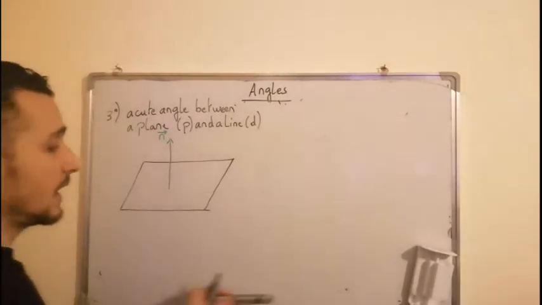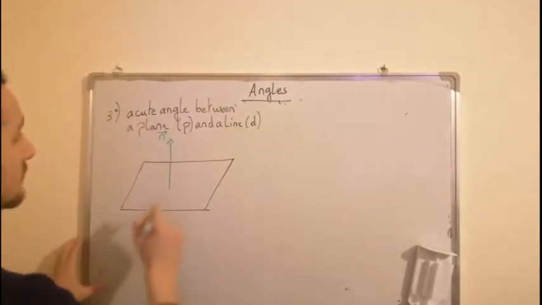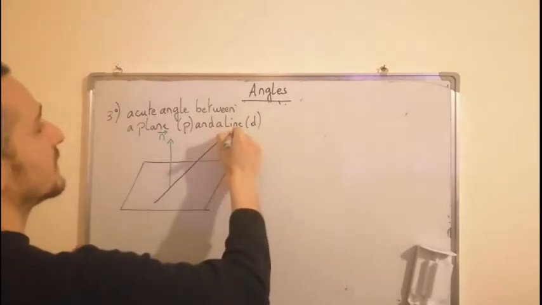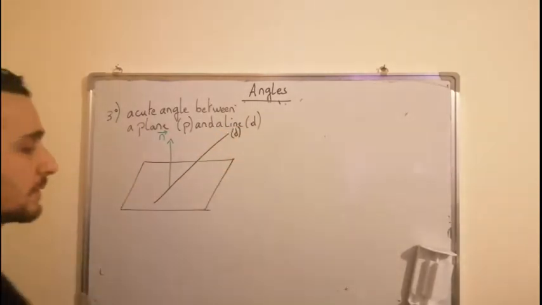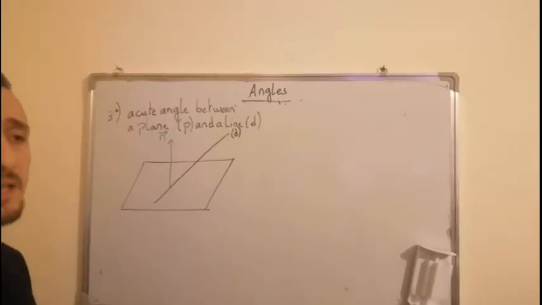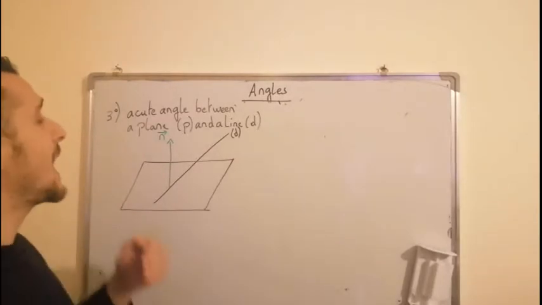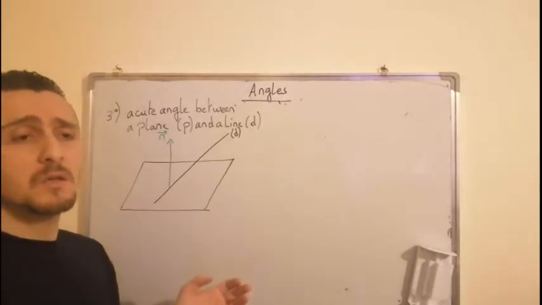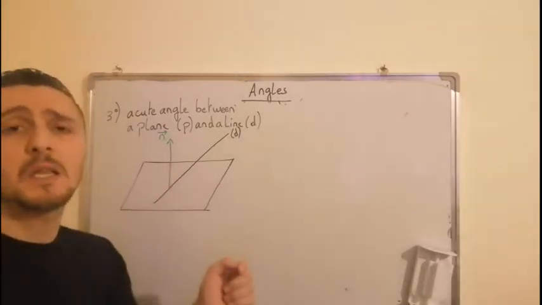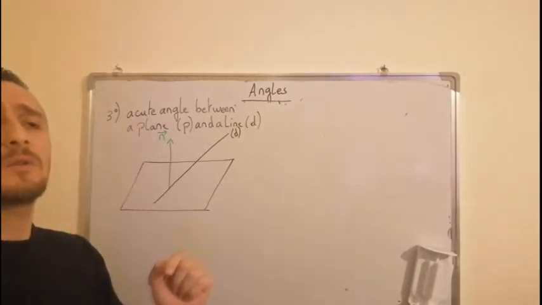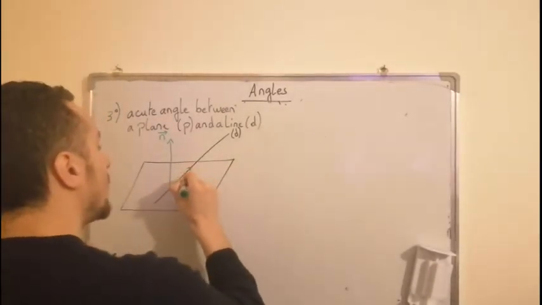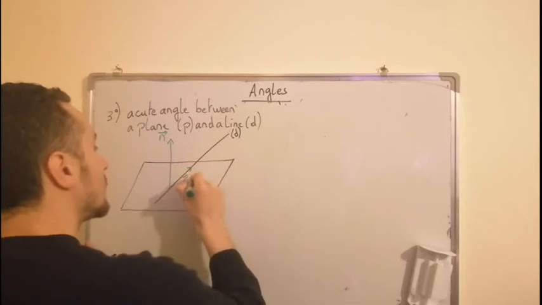We have a line D. This is the line D. The direction vector or the directing vector of D is a vector that represents this line. So maybe this vector is confounded with this straight line or it's parallel to this line. This is SD.